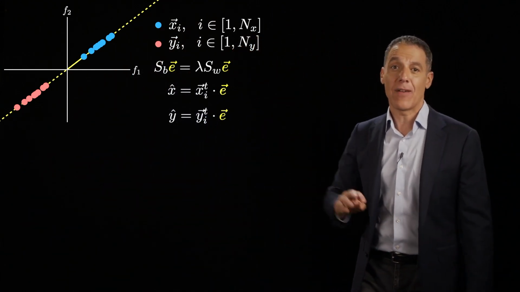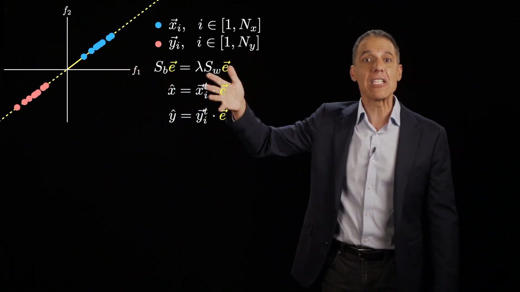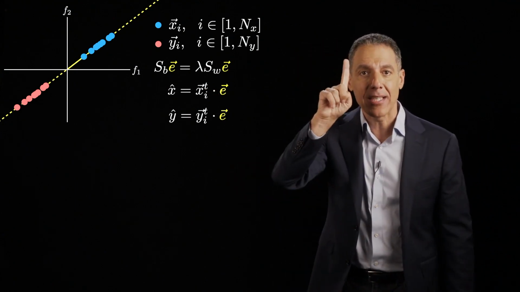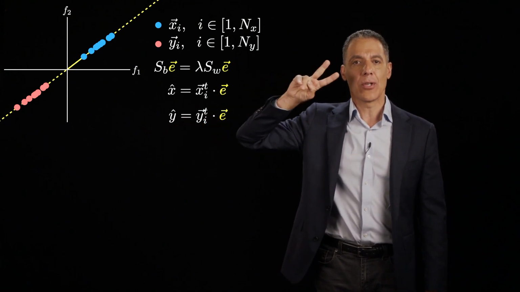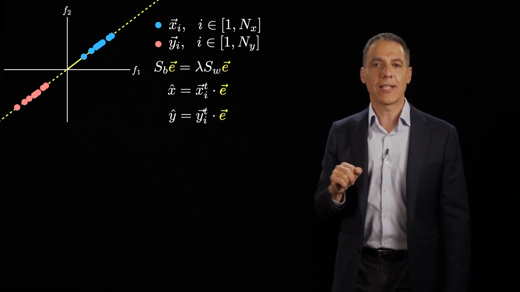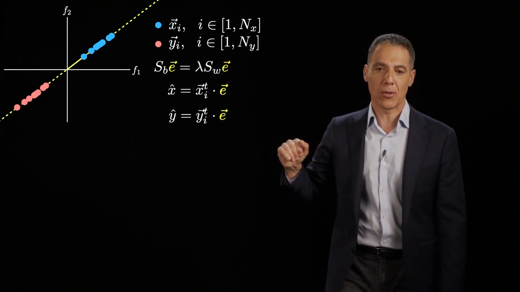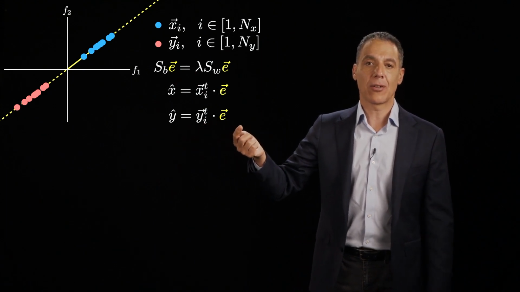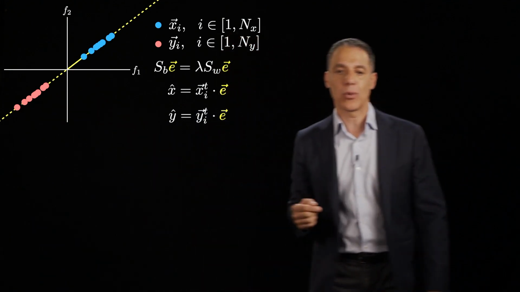And by the way, if I was in a 10-dimensional space to begin with, E would be a 10-dimensional vector, but when I project onto that, I get a single scalar value. So regardless of what the dimensionality is, when you have two classes, you're going to project onto this single vector, and you essentially have reduced this to a one-dimensional problem. Same thing with the y class. Project the data onto the generalized eigenvector, and we get a scalar value, which corresponds to those red points here.